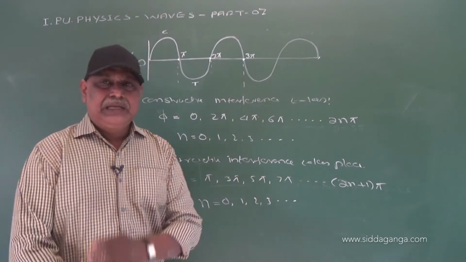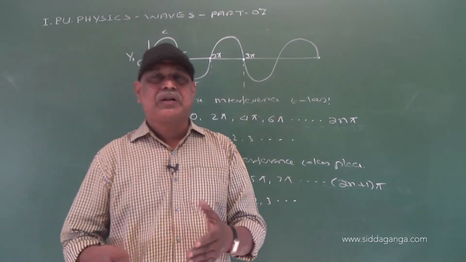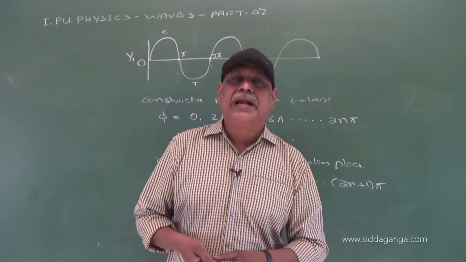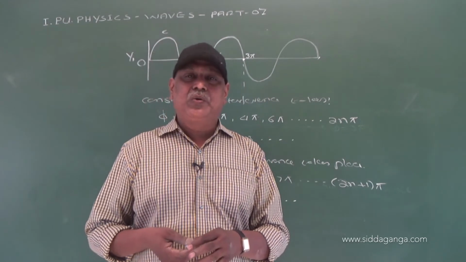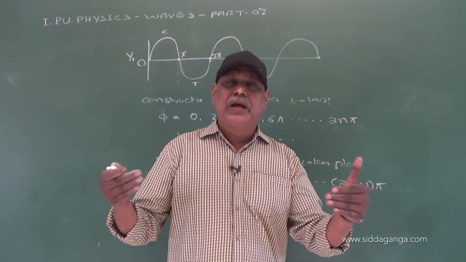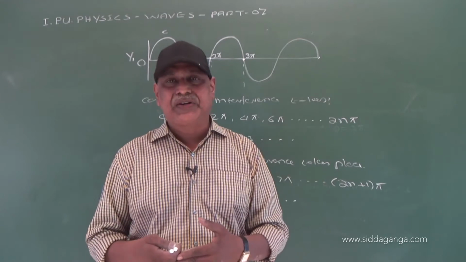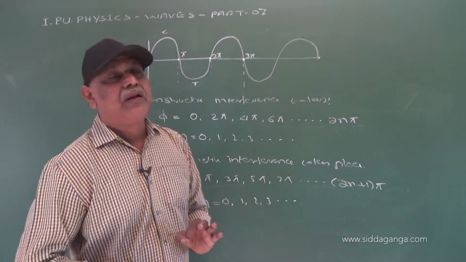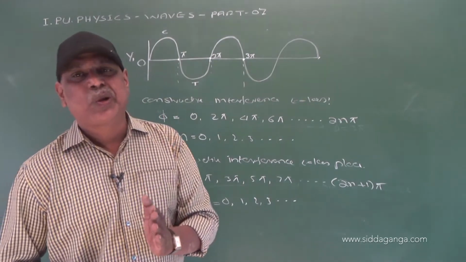So the formation of beats due to superposition of two sound waves and formation of stationary wave due to superposition of two identical progressive waves traveling in opposite direction can be explained on the basis of the principle of superposition of waves.